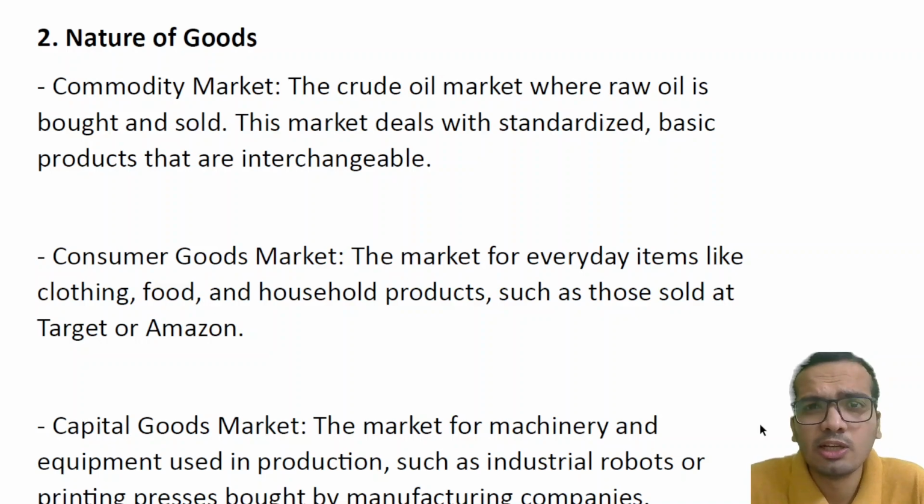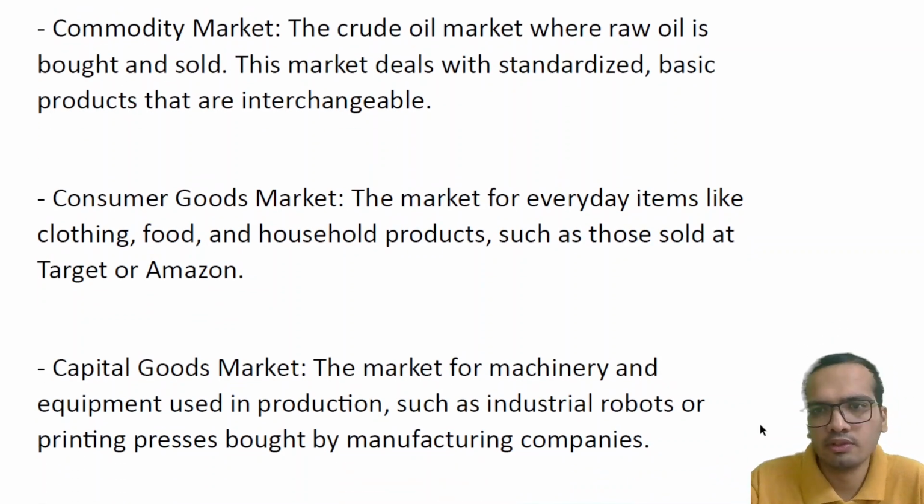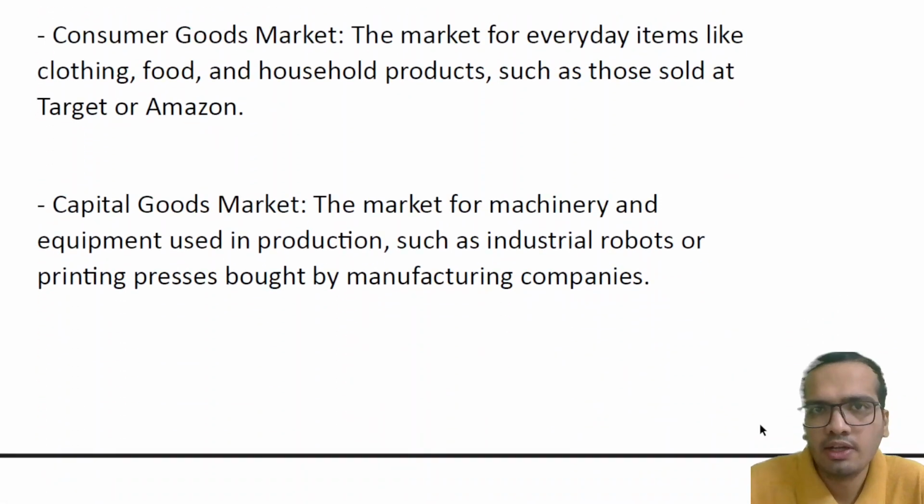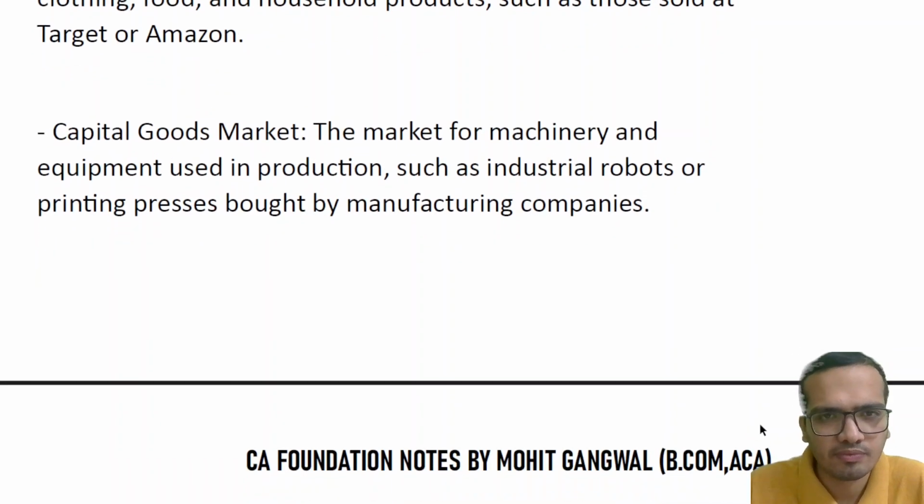Then comes the consumer goods market, that is the market for our everyday items like clothing, food, and household products, such as those sold at Amazon or Flipkart. Target could be another one. Then comes the capital goods market, the market for machinery and equipment used in production, such as industrial robots or printing presses bought by manufacturing companies.